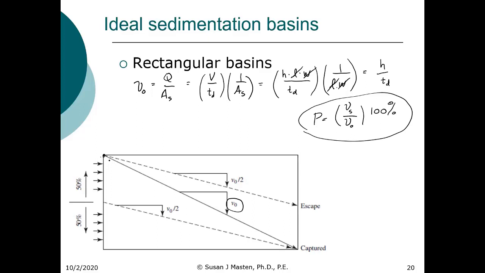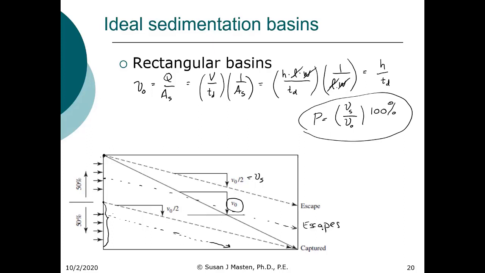We have a particle that has a terminal settling velocity that's 1/2 of the overflow rate. And you can see that if it enters here, it escapes. If it enters anywhere in the lower half of the basin, it will be captured. So if it enters here, it's captured. If it enters here, it escapes.